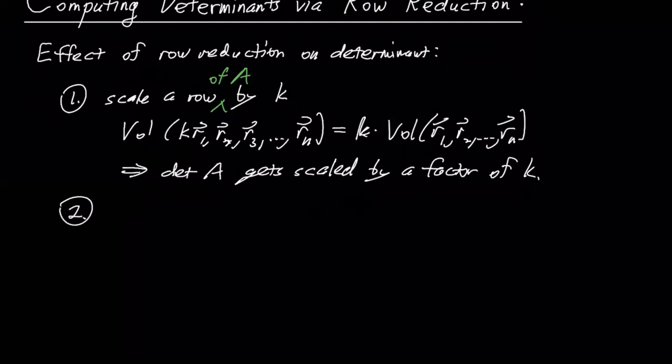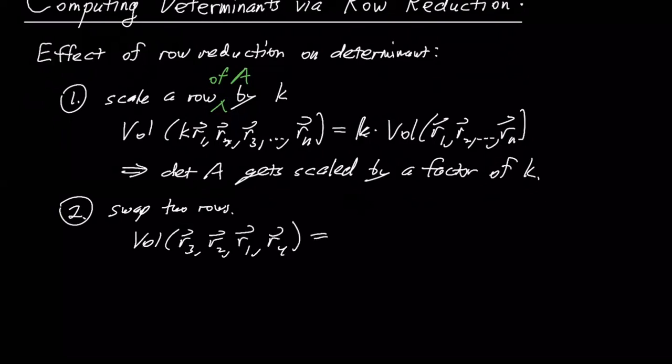The second row reduction is to swap two rows. But if we do that, we've seen that if we swap two rows in a volume, remember it's a signed volume, it has a plus or minus sign associated to it. So if I swap row 1 and row 3 of, let's just pretend it's a 4x4 matrix, that's the negative of the volume we would get from the original R1, R2, R3, R4.